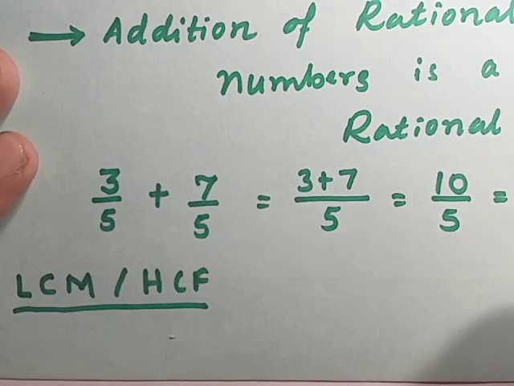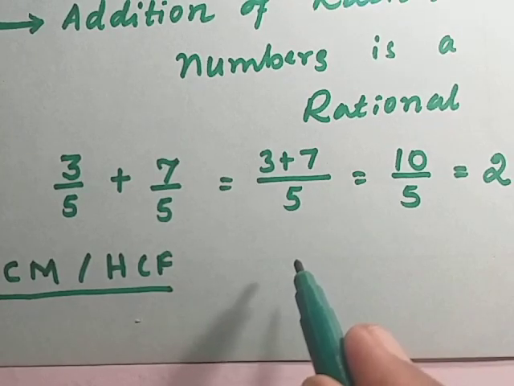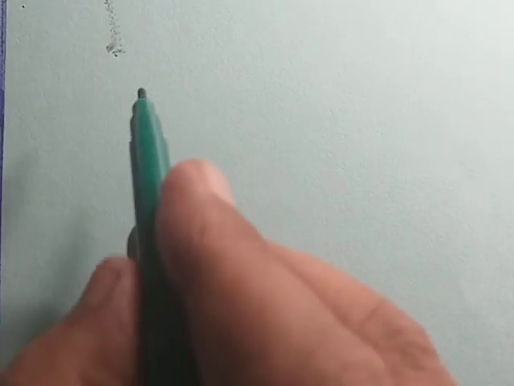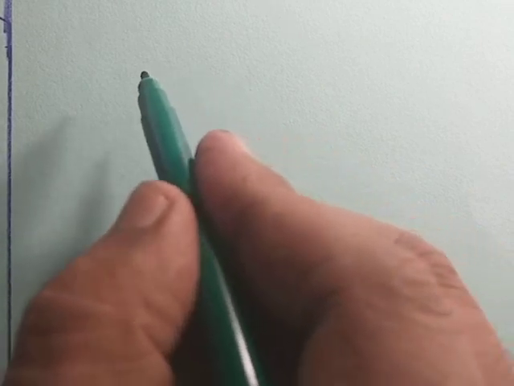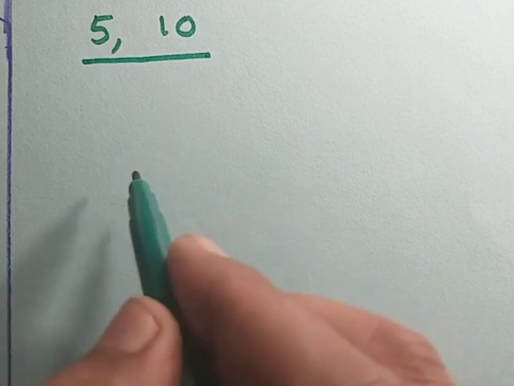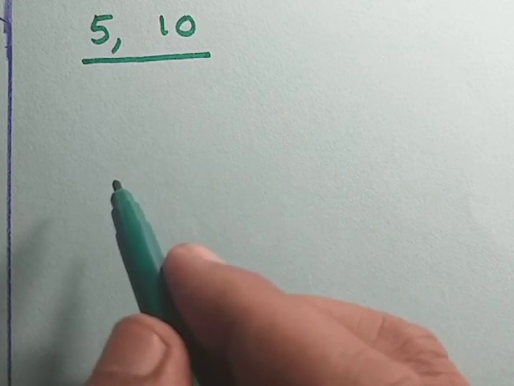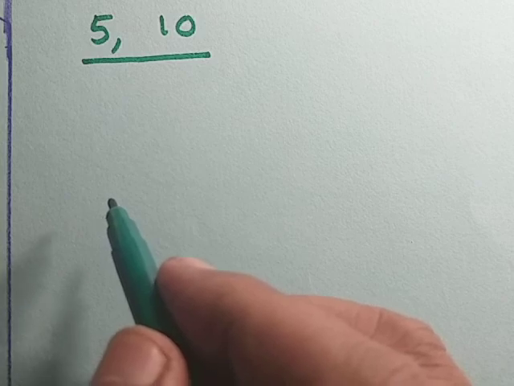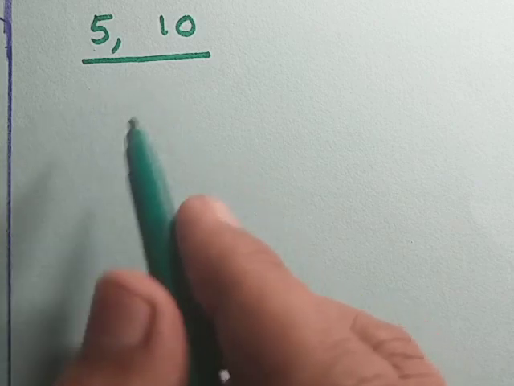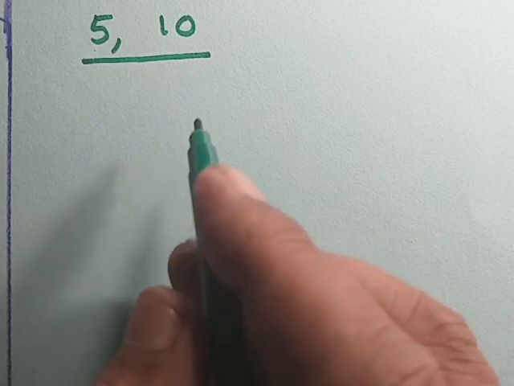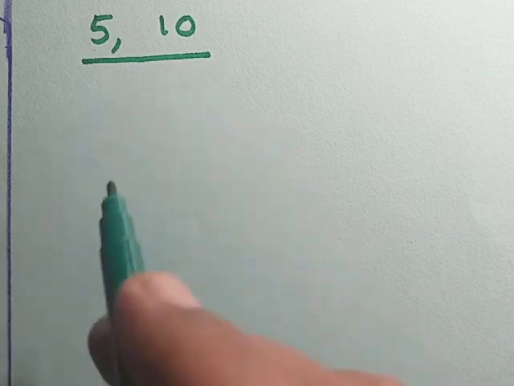That is, supposing we take 5 and 10. Which is the least number that divides both of these two?